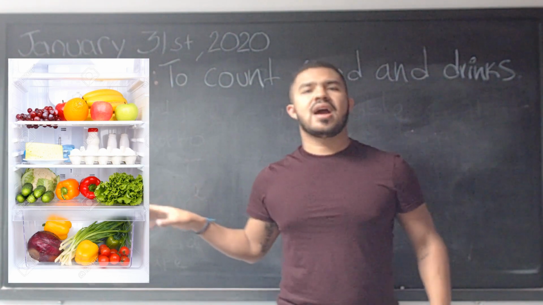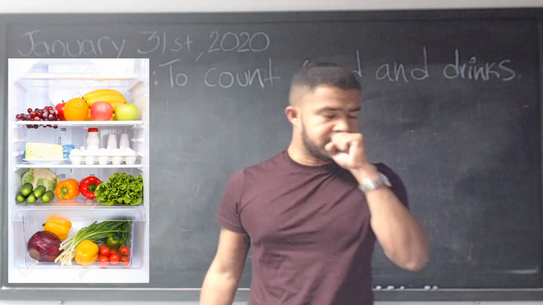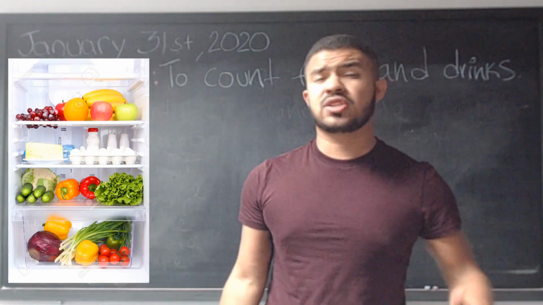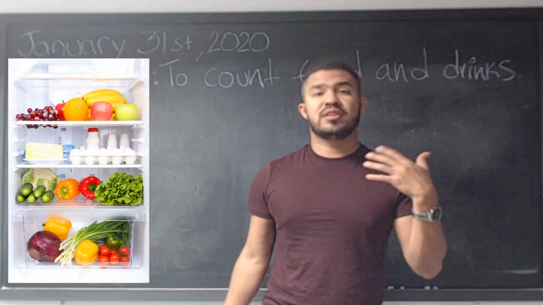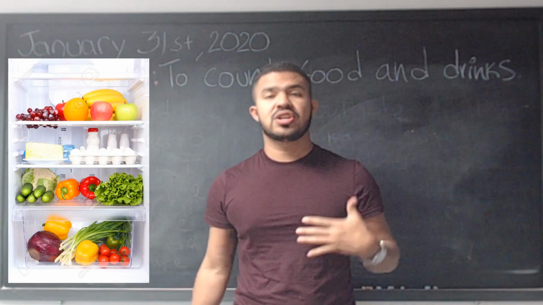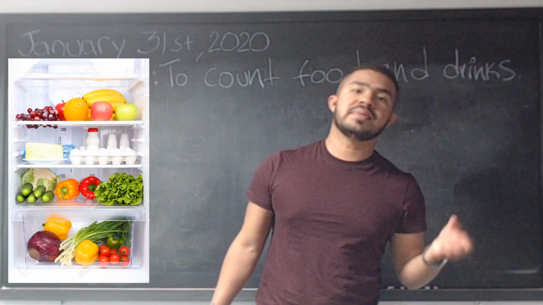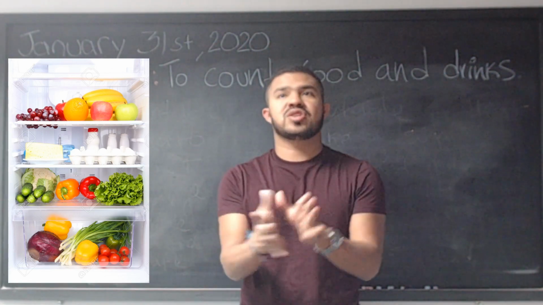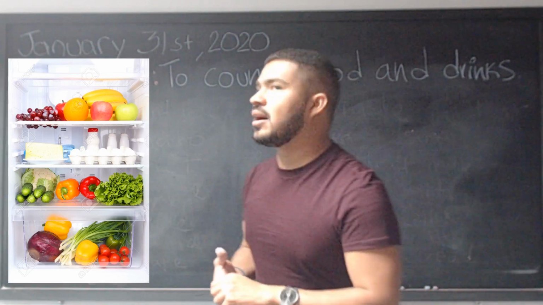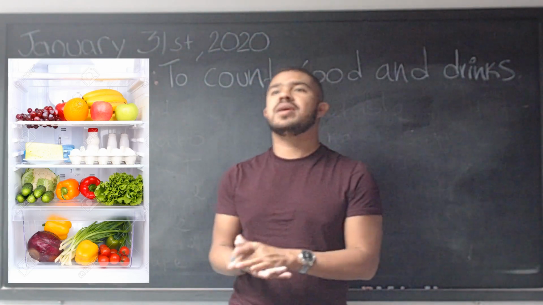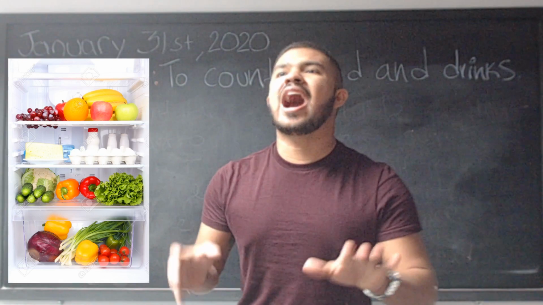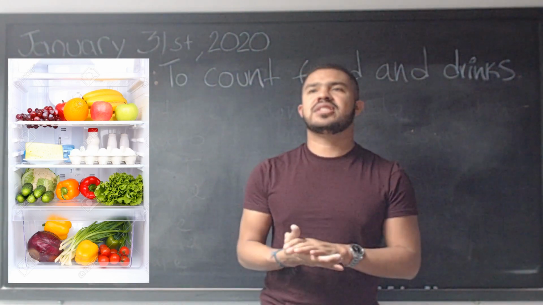Good. So what's the idea? I'm going to ask some questions about the food inside of this fridge, and you guys are going to answer, using expressions like, for example, how many. How many eggs can you see in the fridge?